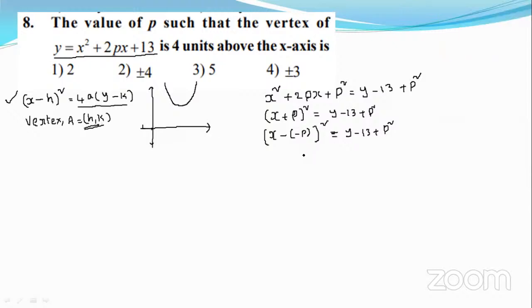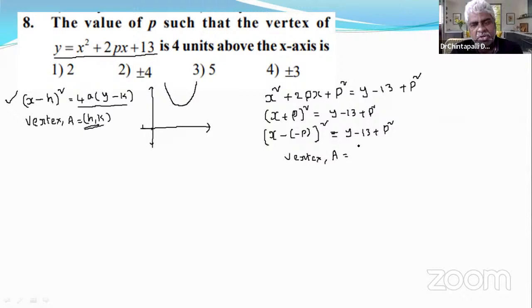Negative p. Yes. So vertex is equal to negative p comma something. But we are unable to fetch that something because we are unable to convert the right hand side part into the standard form.